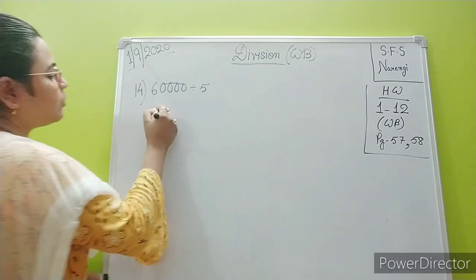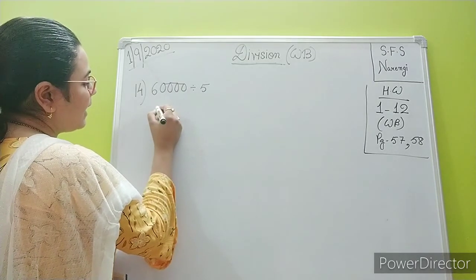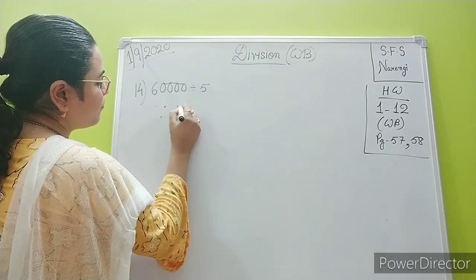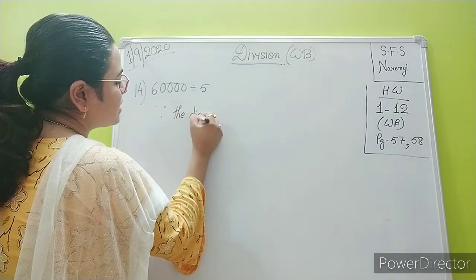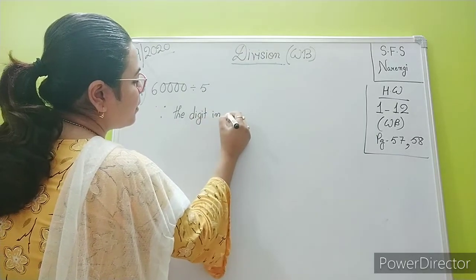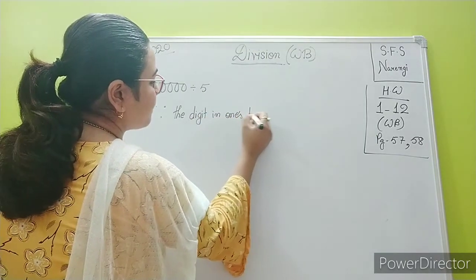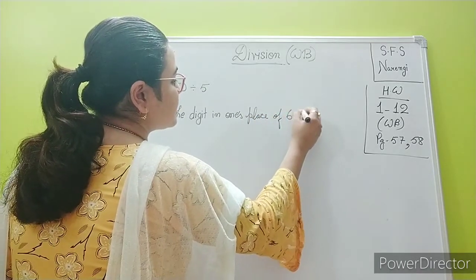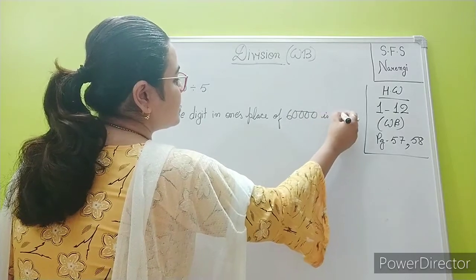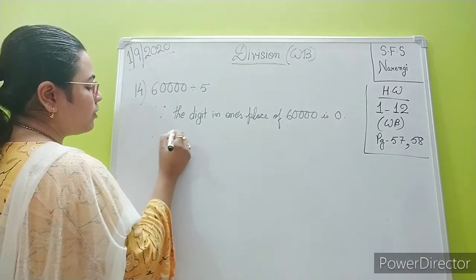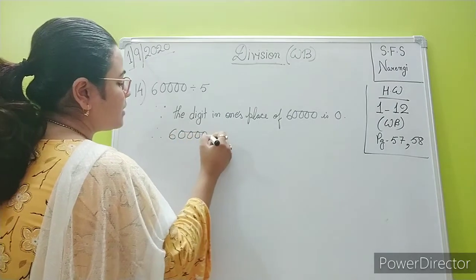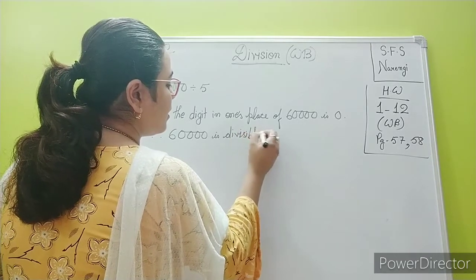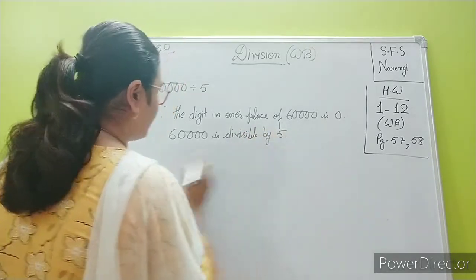Even without doing it, we know that we can simply write, since the digit in ones place of 60,000 is 0, therefore 60,000 is divisible by 5.